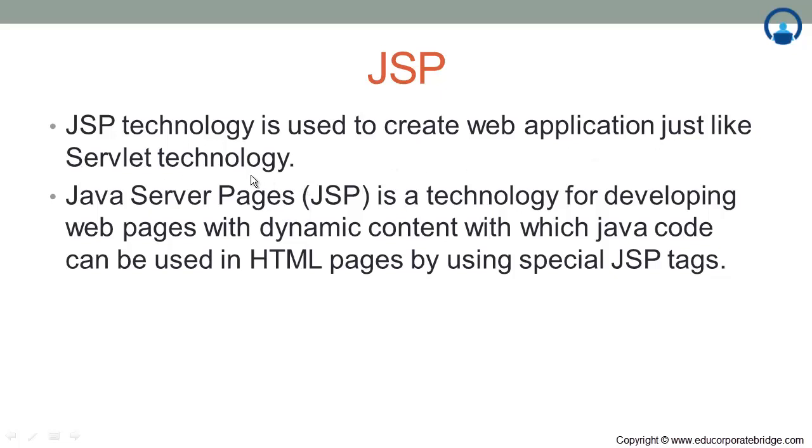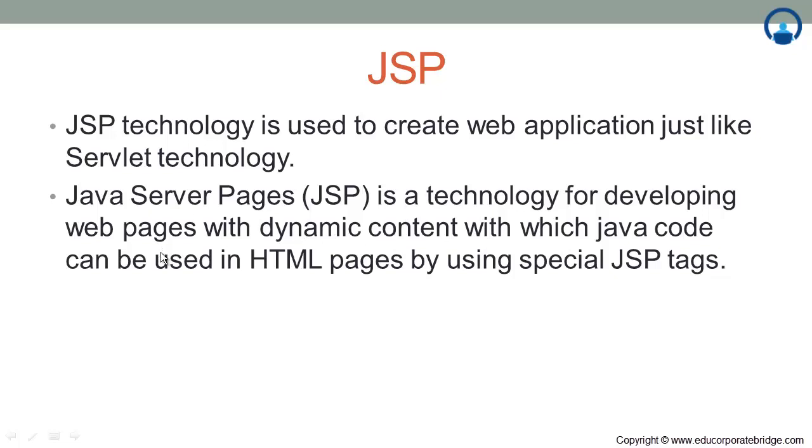JSP is basically an extension to servlets, and JSP is a technology for developing web pages with dynamic content, with which Java code can be used in HTML pages by using special JSP tags. As this definition indicates, in JSP we can include Java within our HTML code.